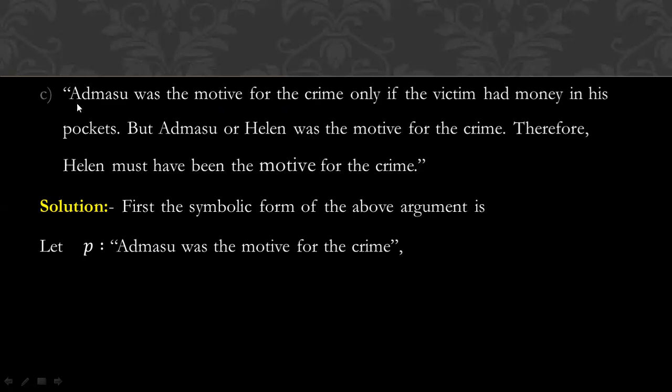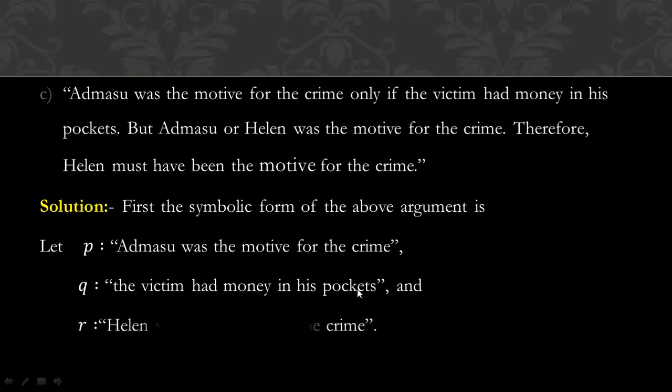So let us represent the first statement of this logical implication by P, which is Admas was the motive for the crime. The next one, over the first premise again, is Q: the victim had money in his pockets. And lastly, we have the third one, R: Helen was the motive for the crime.